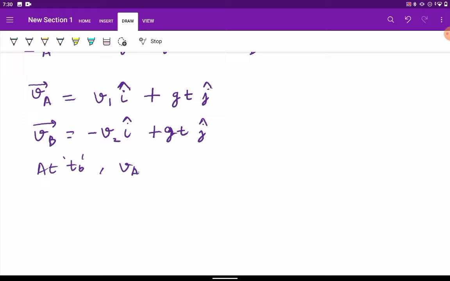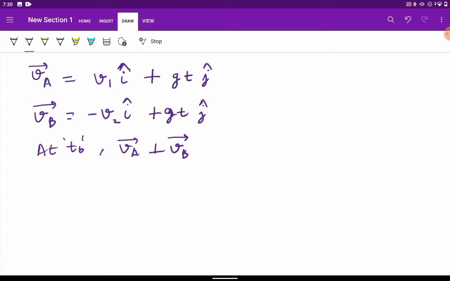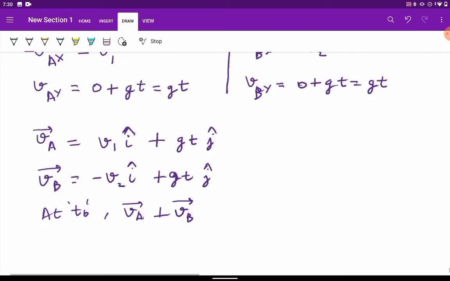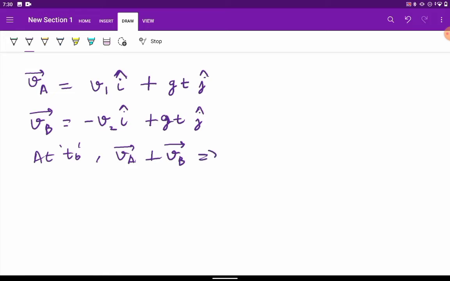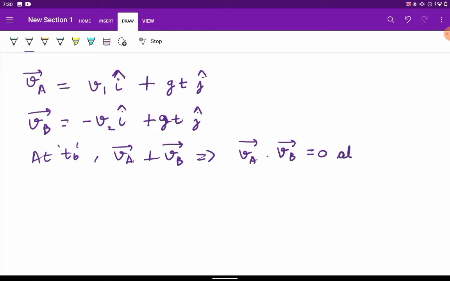Okay, so let's say at some t naught, vA is perpendicular to vB. This is at any instant t. So this means at that instant vA dot vB, the dot product, is equal to 0 at t equal to t naught. What is the dot product?